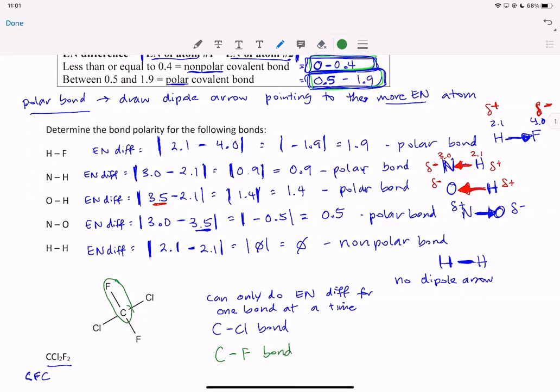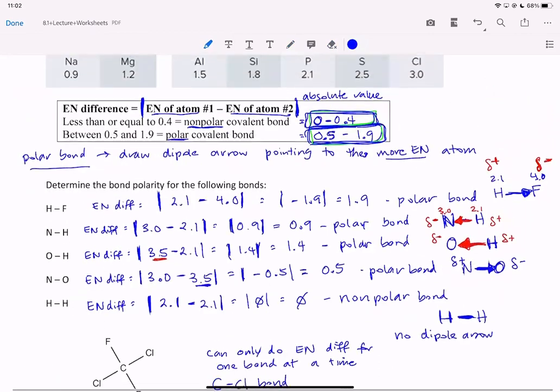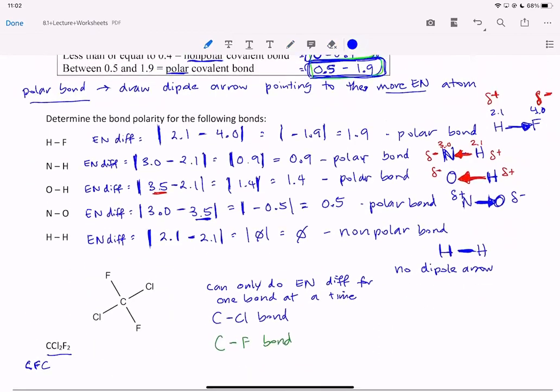Okay, so in this electronegativity difference, you should never be subtracting more than 2. So not 5, not 3, just the 2 atoms in the bond. So identify the bonds that need calculating, and then you can continue on if you have more atoms in your molecule.